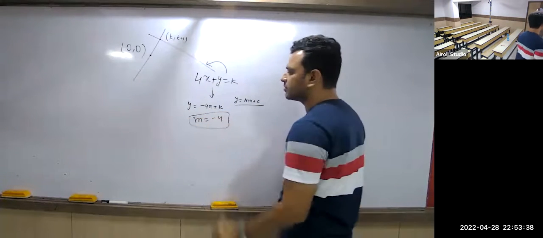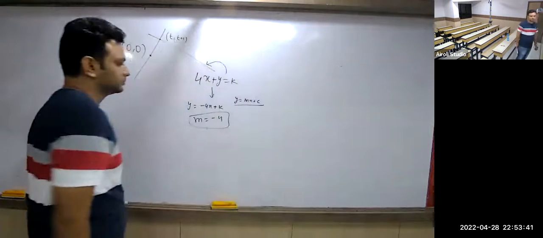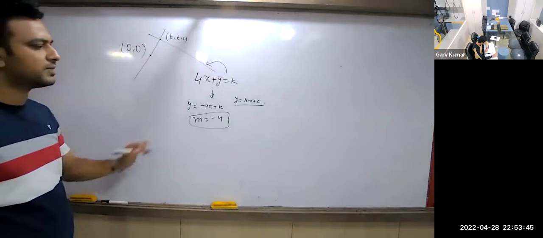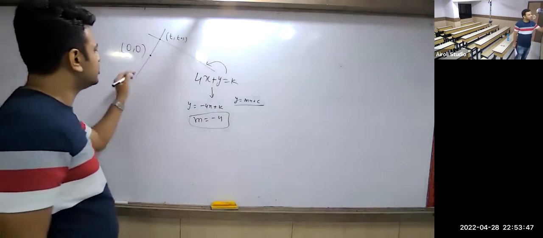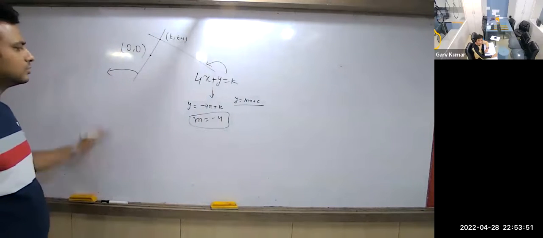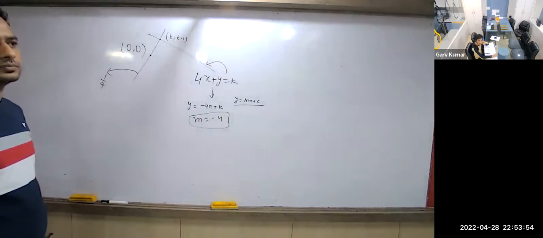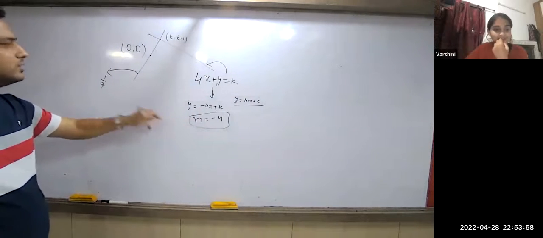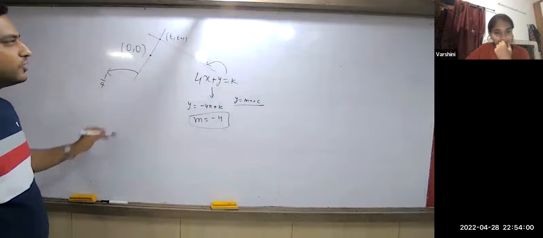I will get slope as minus 4. Got it? Is it clear? Minus 4. Okay. So can you tell me the slope of this line? Sir, it will be 1 by 4 only, because multiplication should be minus 1. Yeah, sir. Clear?